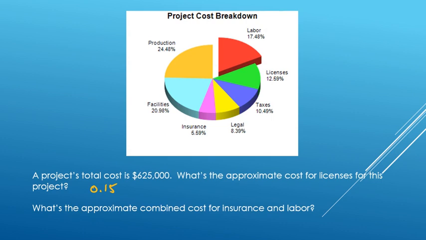So if we do 0.15, same for 15%, times 625,000, this is the estimate for the actual cost, and that estimate is $93,750. So that's the approximate cost for the licensing for this particular project.